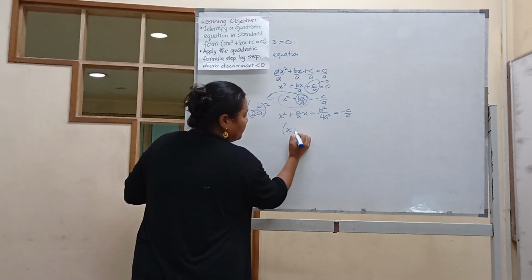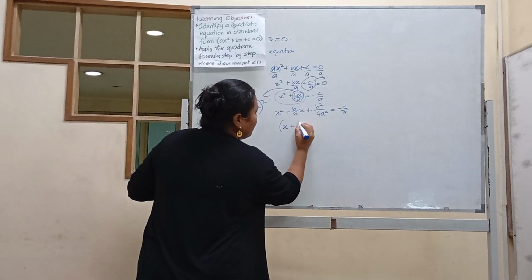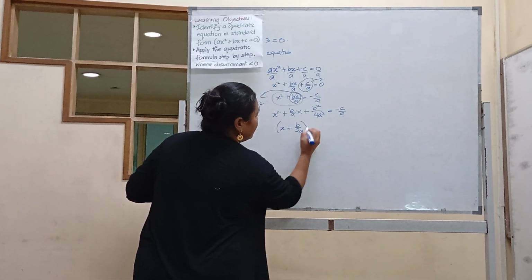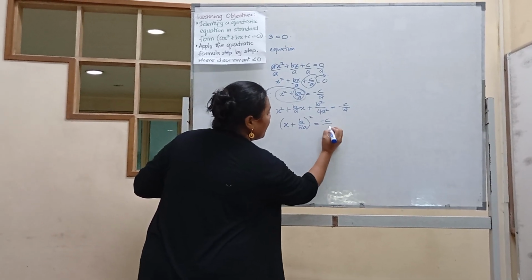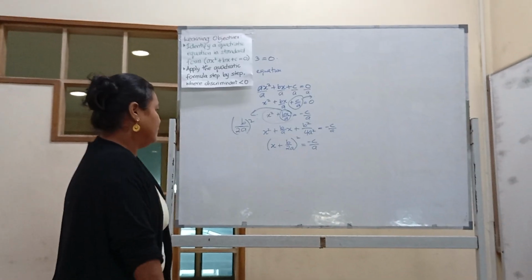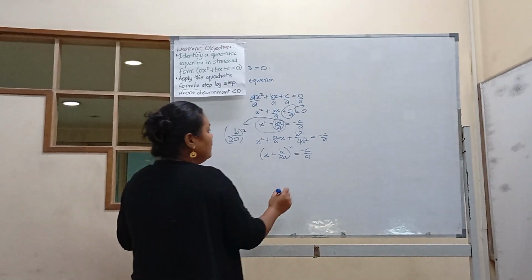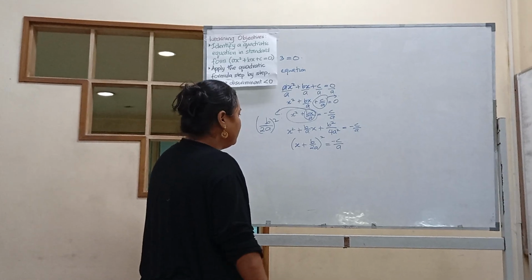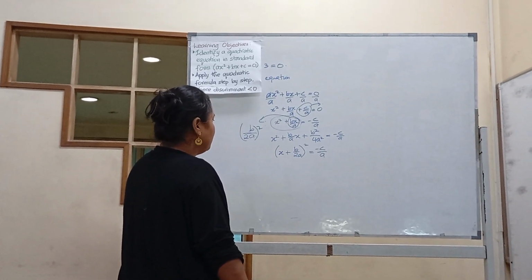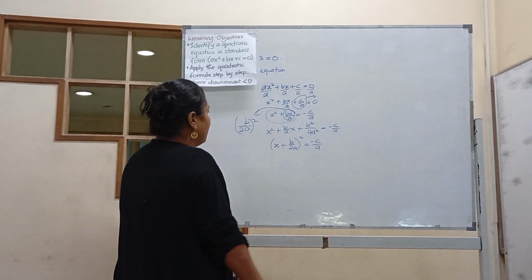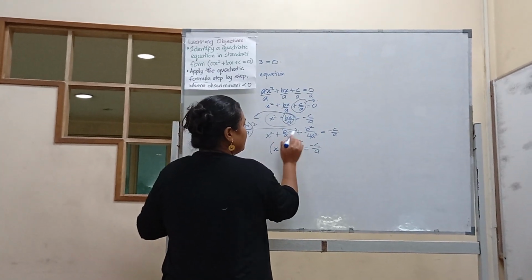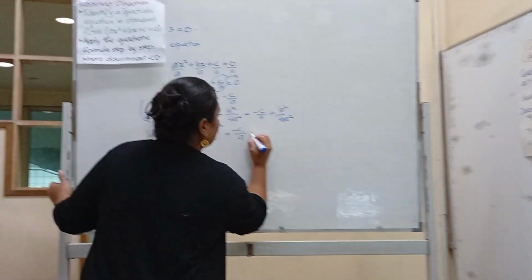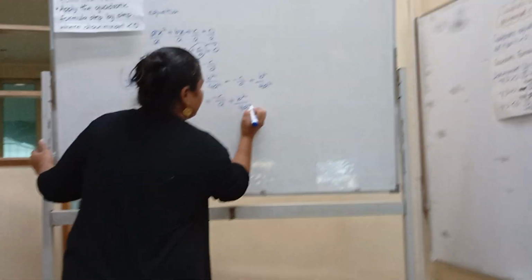Very good, Tom. x plus b over 2a, squared. When we add this to this side, we have to add it also to the other side: b squared over 4a squared.